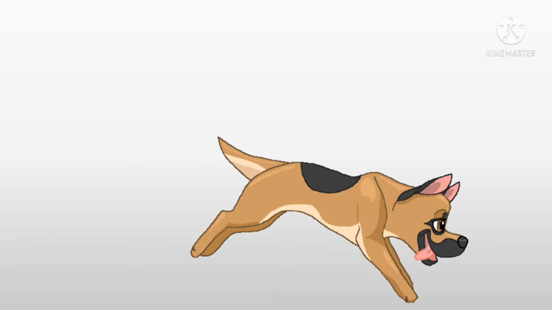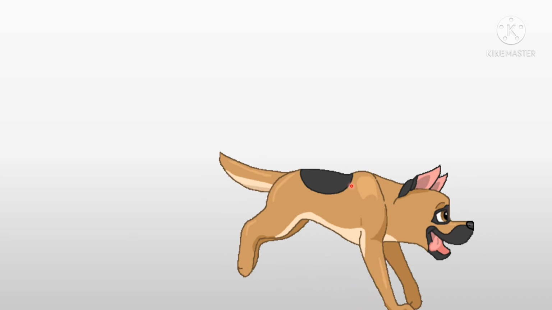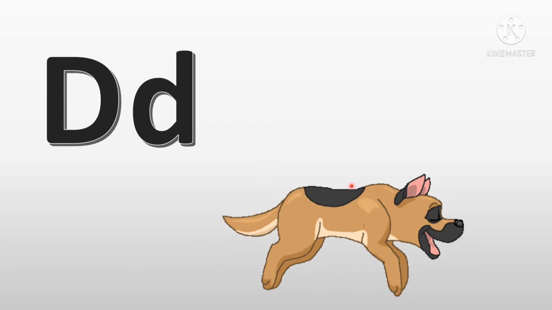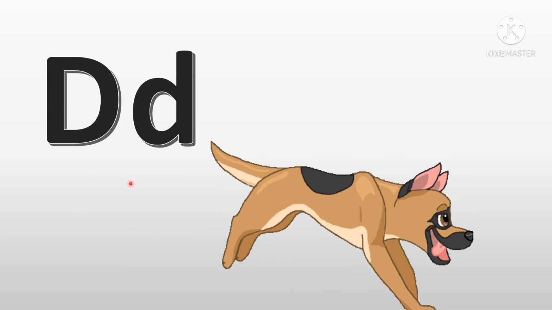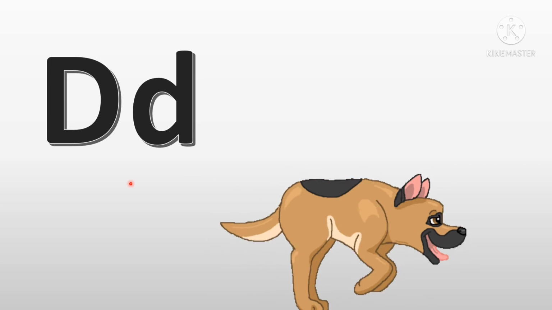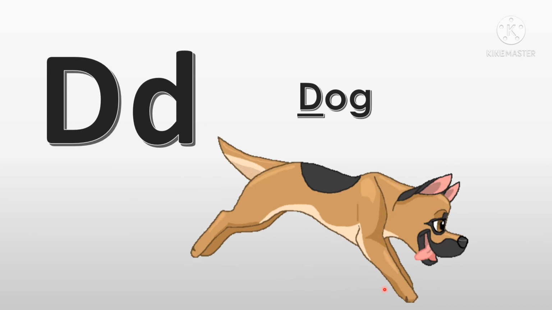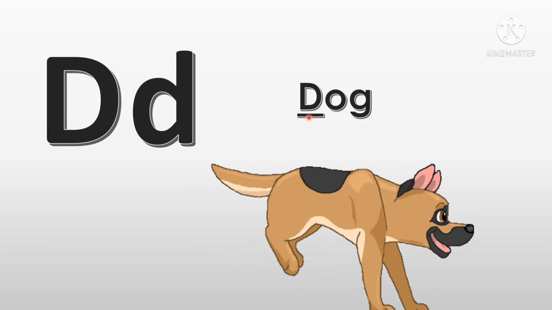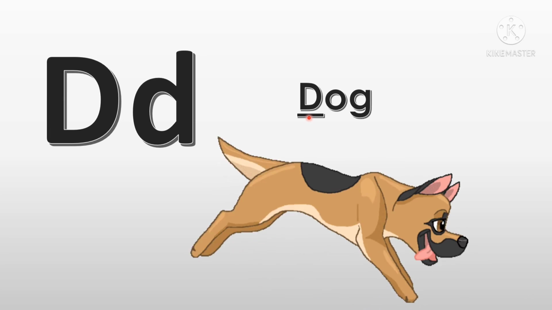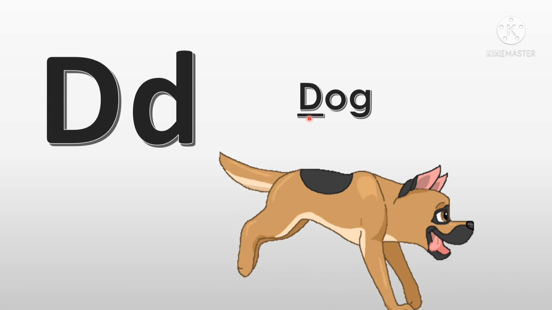Let's try. Okay, are you familiar with this animal? Okay, what is the sound of the letter D again? It's D, D, D, D. So, this animal starts with the letter D. And the sound of the letter D is D, D, D, D. Yes, very good.